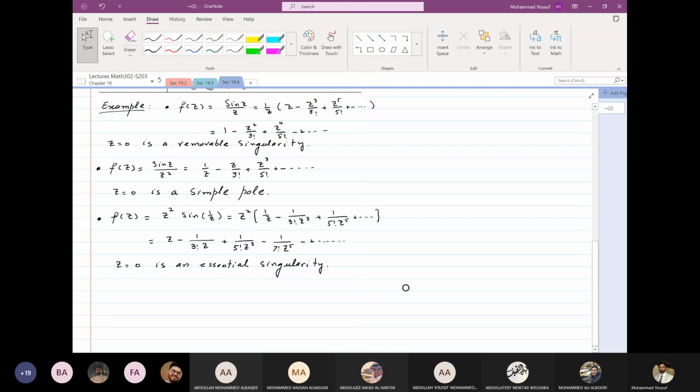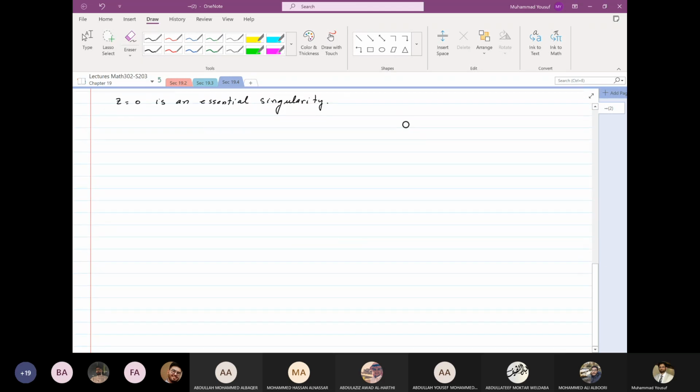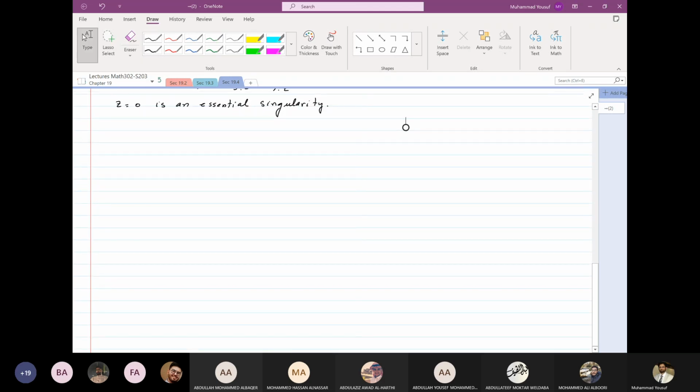So these are about singularities of a function. The second thing is zeros of a function, and that depends on the analytic part.